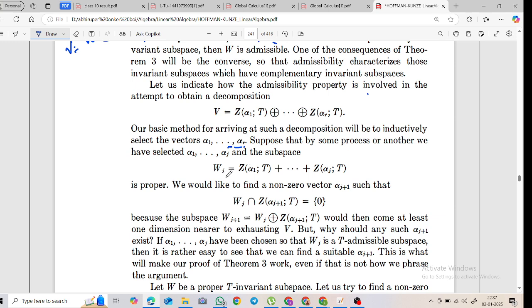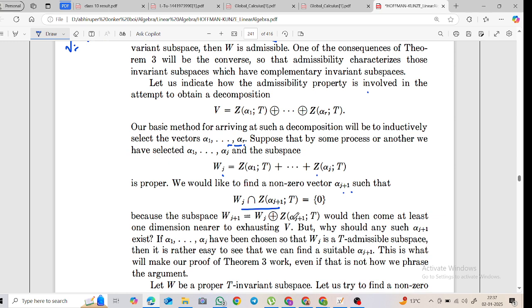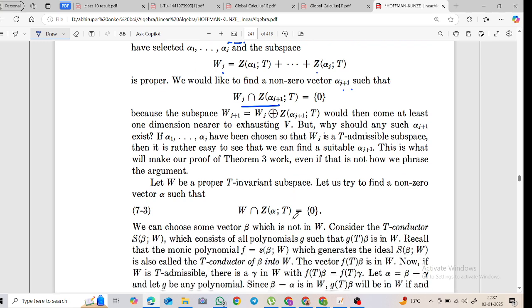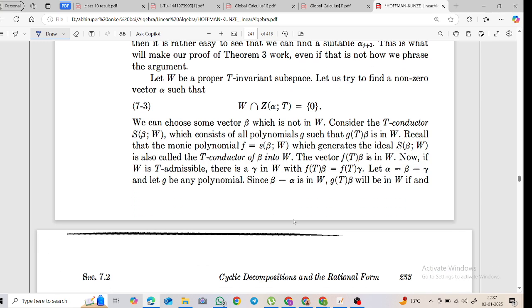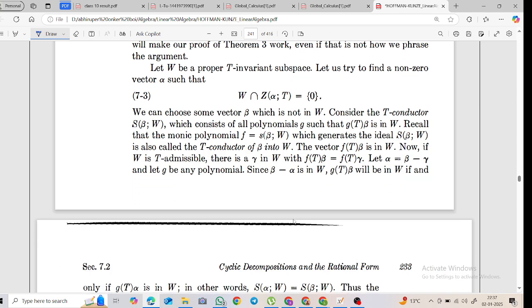We would like to find a non-zero vector alpha j plus 1 such that this happens. Then we will define alpha j plus 1 in this way. And since V is finite dimensional, this approach will terminate after a finite number of steps. So that is their approach.